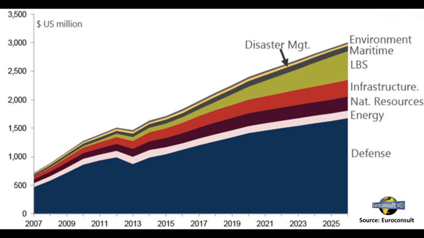What do we see in the future? In the future, up to 2026, we see that vertical markets such as infrastructure and location-based services will grow in the data market. This will change for value-added services, but in the data market, we see that the major potential of growth will come from location-based services and others such as infrastructure.